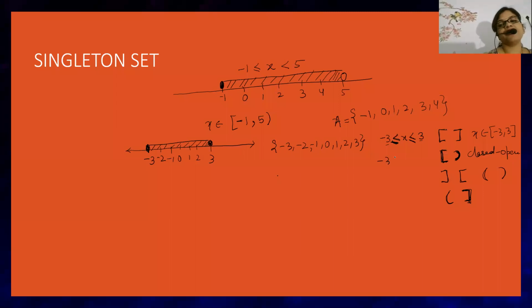X can be -3 closed and 3. In this case, can you tell me which elements will be inside? -3 will be there, -2 will be there, -1 will be there, 0 will be there, 1 will be there, 2 will be there. Okay, 3 will not be there. It will go till 2, correct Anila? 3 will not be there, beta, because from that side it is open.